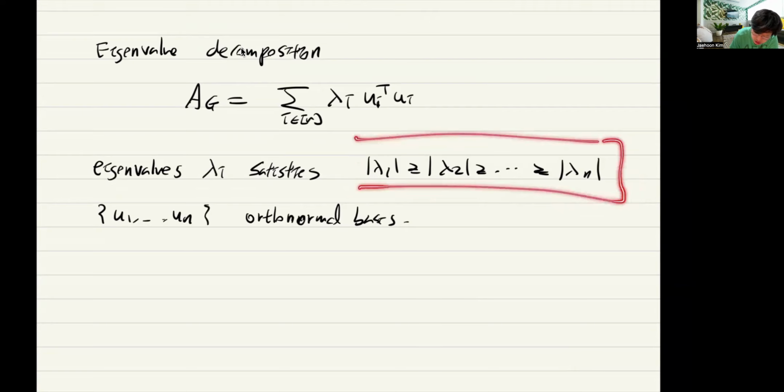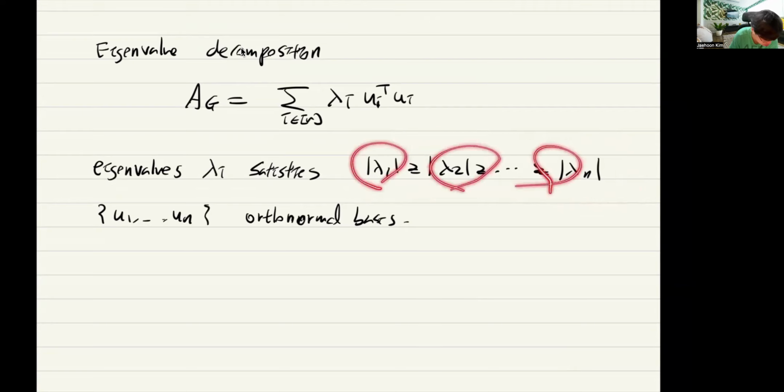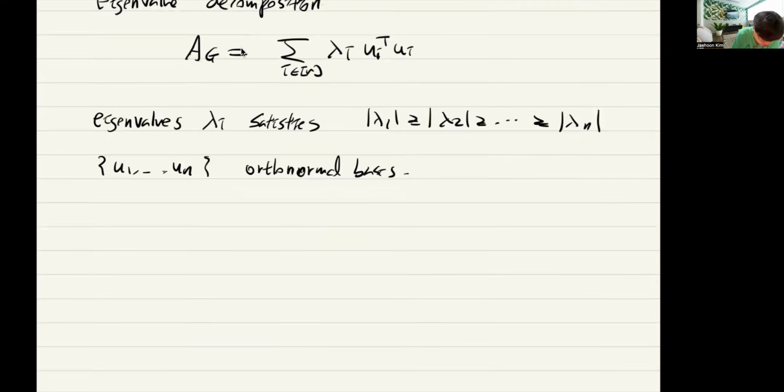Let's first consider some upper bound on the size of lambda_i. Since we care about its absolute value, which can be computed by taking the square, we consider A squared. And then we consider the trace, and that's the summation of lambda_i squared. But what is this?